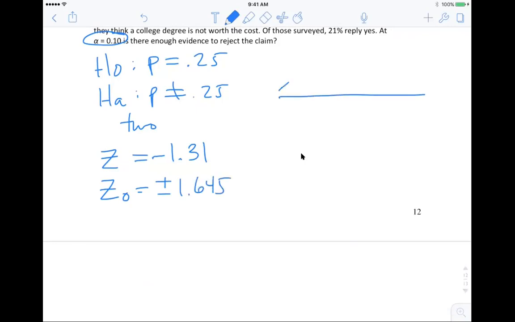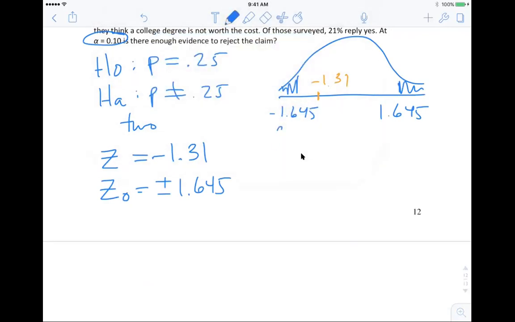Draw it out. This one has two tails. The tails are defined by those critical values. And then now, in whatever your favorite color is, plot Z, which is not in the rejection regions.